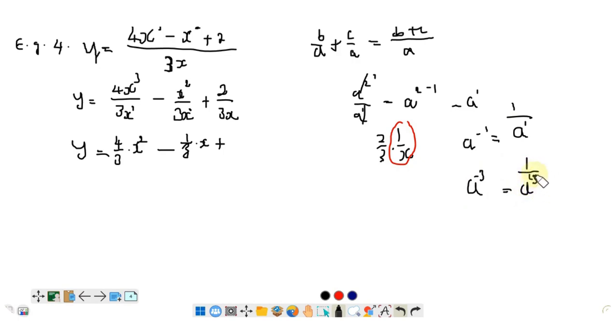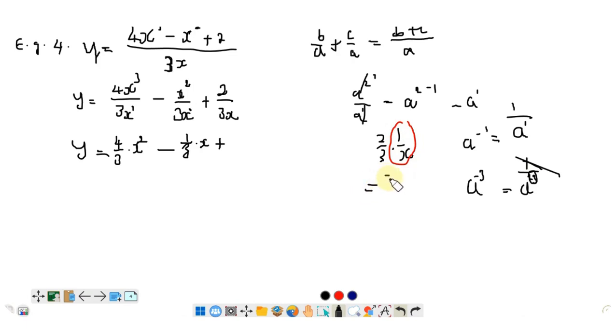Now if you are given it in positive form and want to take it back to negative, you just remove that top part and the exponent will be negative. So we have 1 over x, and x to the power 1 is positive.